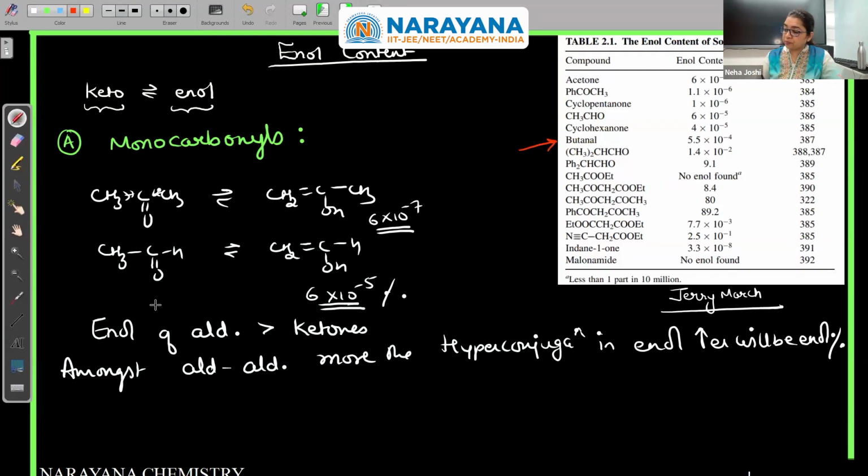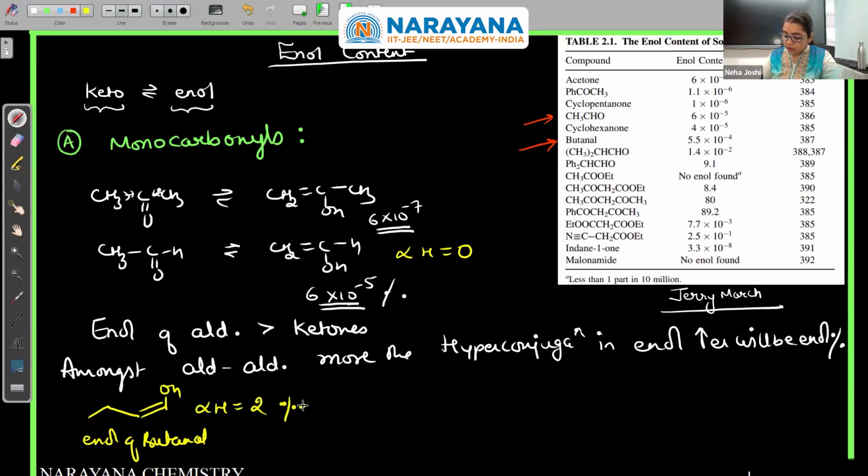See butanal. Where is acetaldehyde? See acetaldehyde. Acetaldehyde enol, alpha H 0. Butanal enol, 1, 2, 3, 4, double bond OH. Enol of butanal, how many alpha H? 1, 2. I'll say alpha H is 2. What is the percentage enol? Check. 5.5 into 10 raised to power minus 4.